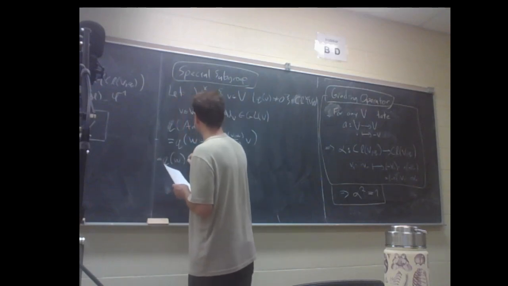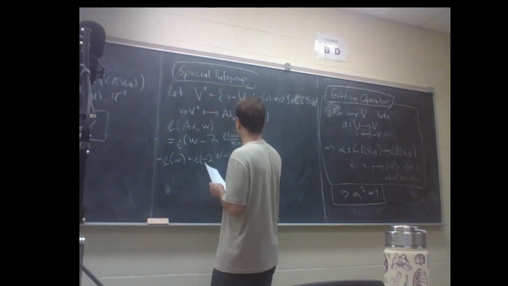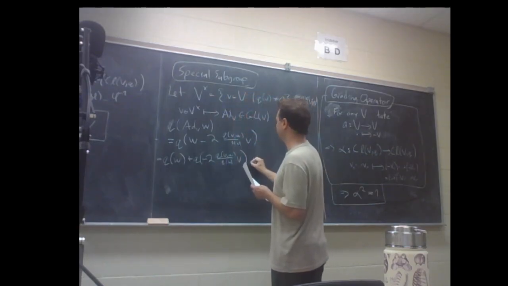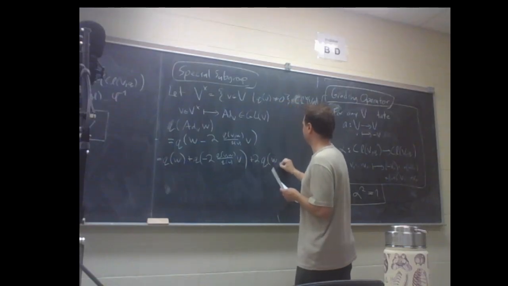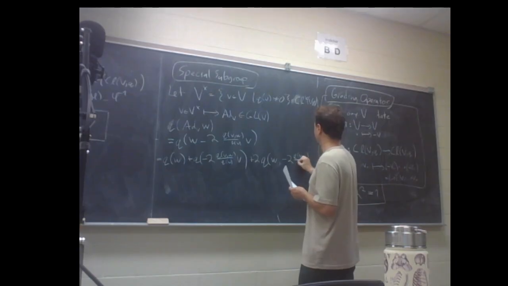You get QW plus Q of minus 2 QVW over QV times V, and then plus 2 times the polarization. So we're going to get a W here and a minus 2 QVW over QV times V.